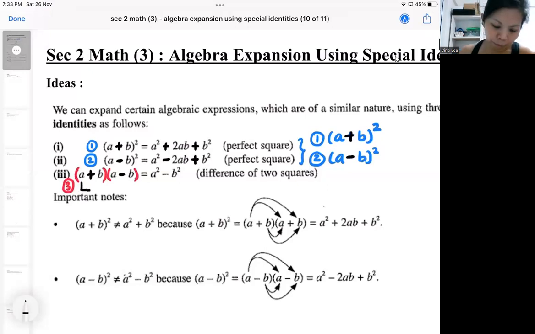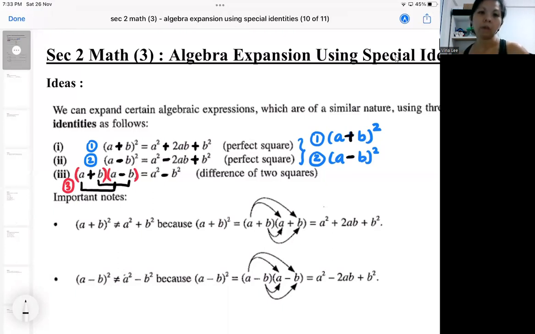You got identical A, you got identical B. The only difference between the two brackets is the plus minus. So the A must be identical, the B must be identical. And here comes this formula. I will be showing you using a numerical example.